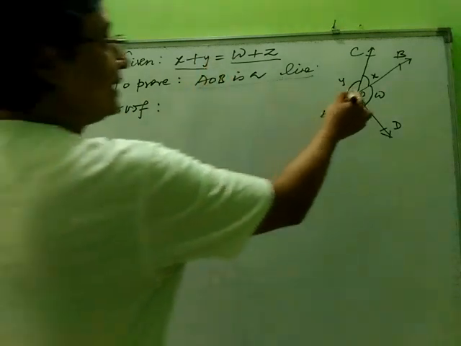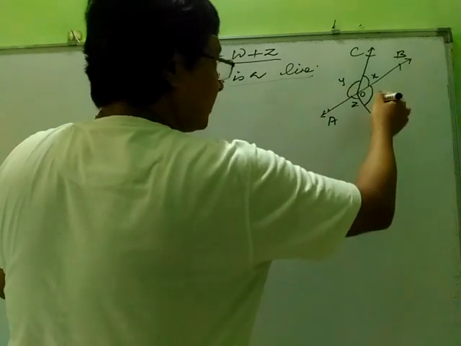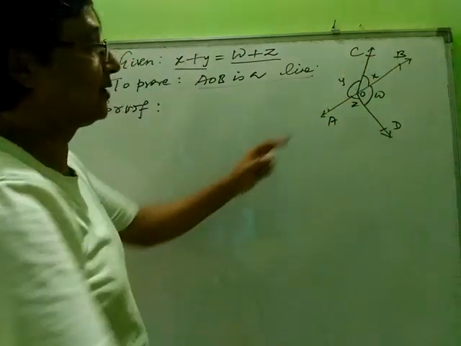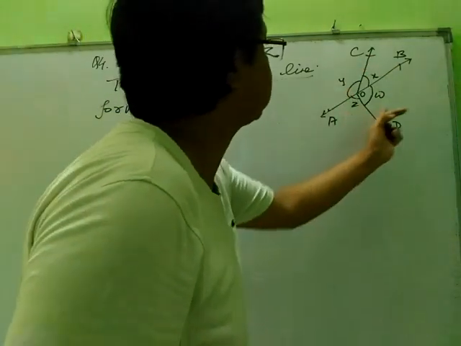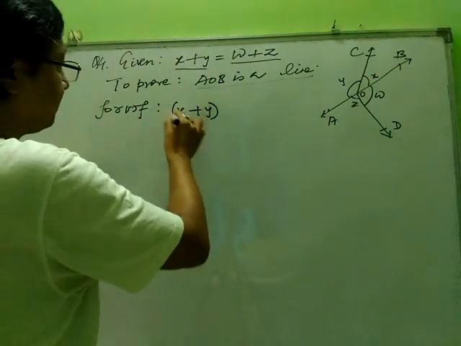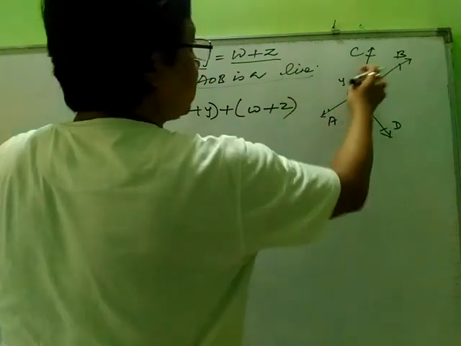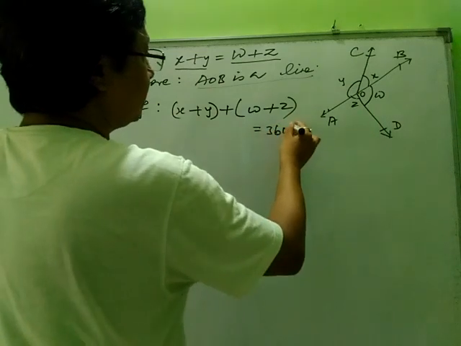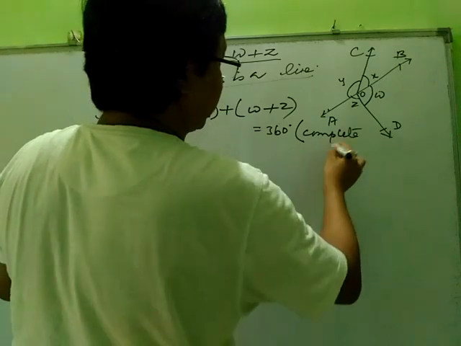Now this is the point O. All the angles around the point, if you add, x plus y plus z plus w, you will get 360 degrees, because these are the complete angles around this point O. So x plus y plus w plus z equals 360 degrees. It is the complete angle.